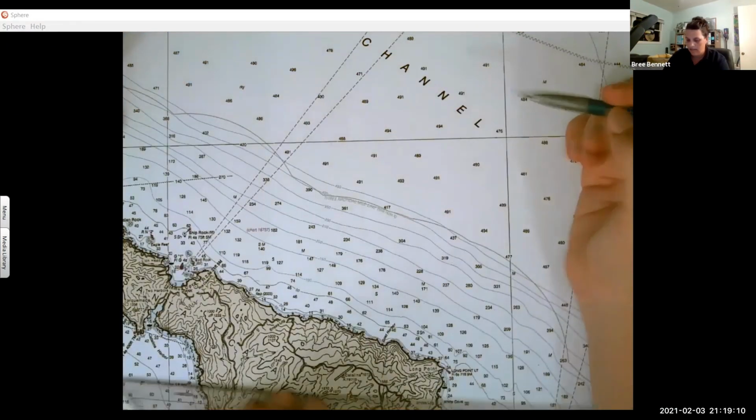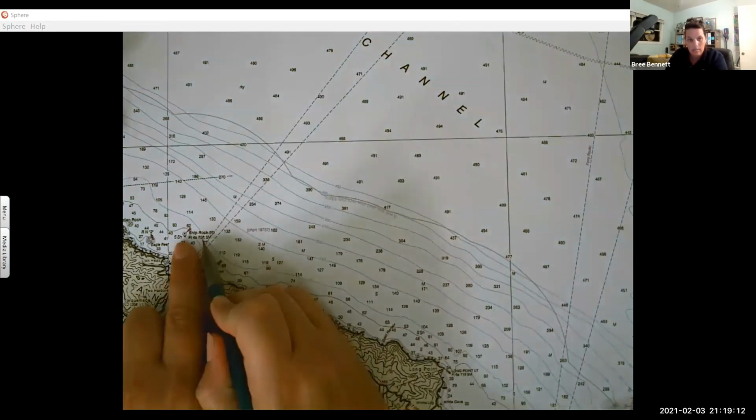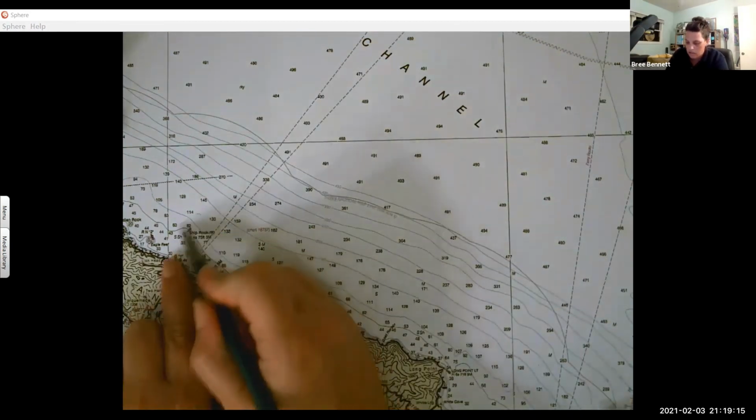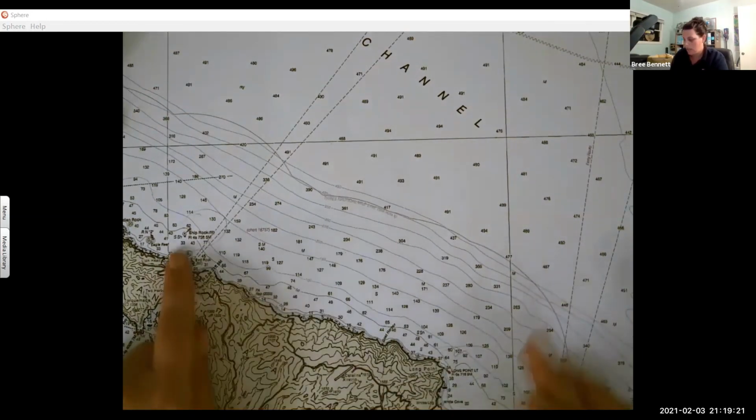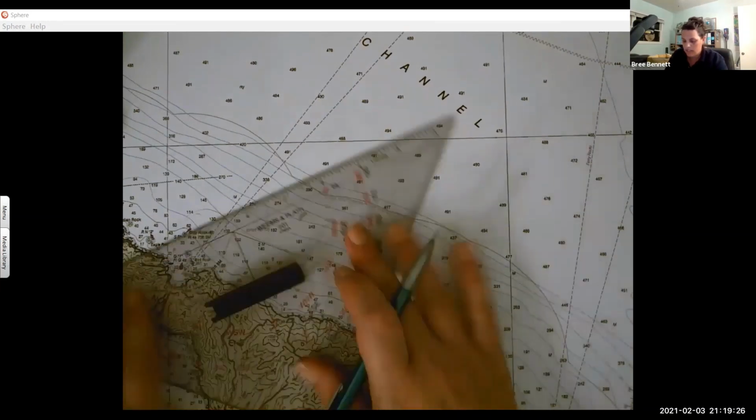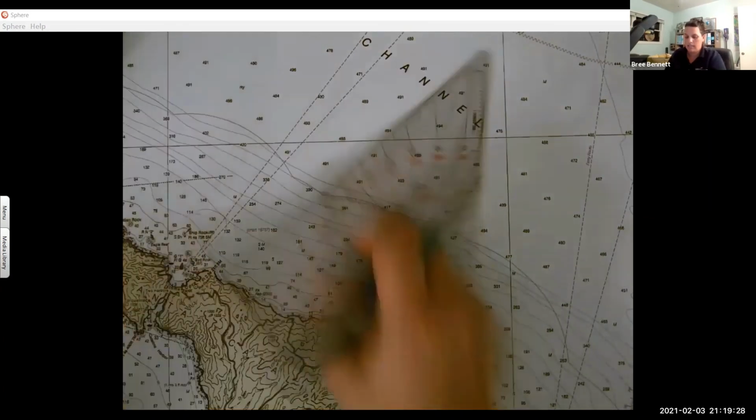Okay, so we have Ship Rock, it's going to be right here. And then Long Point Light is going to be over here. So we have Ship Rock and Long Point Light. This guy was bearing 246.